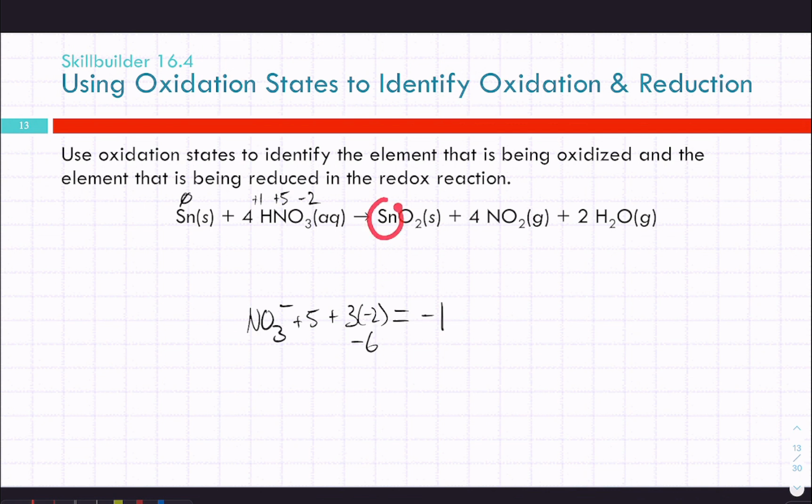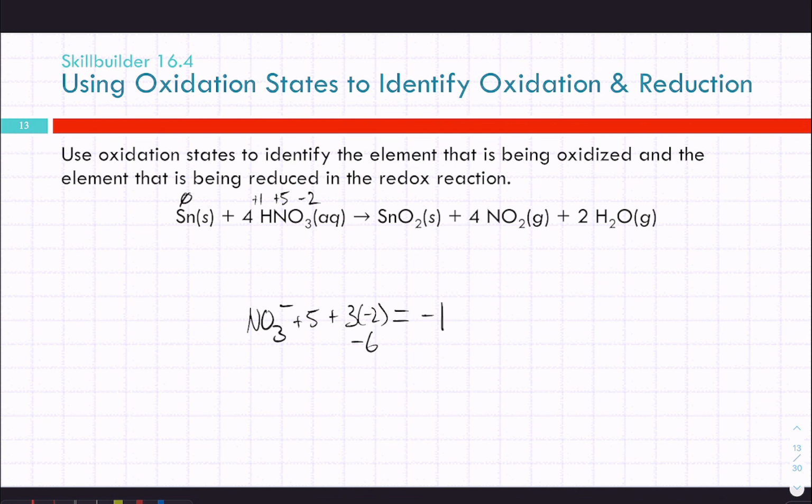What's the oxidation state on tin in tin oxide? The oxygens are all -2. There's 2 of them. Then the oxidation state on tin has to be 4.